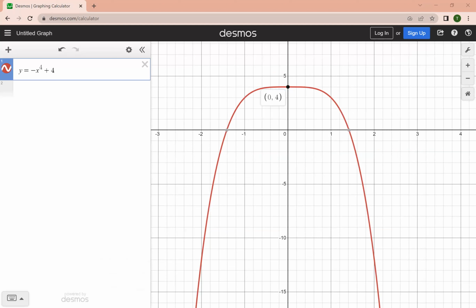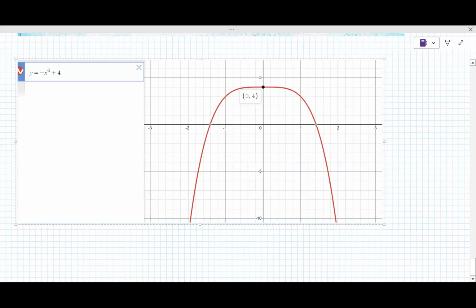I probably will have you graph some at some point, just to get your comfort level with it. Okay, share screen. I've got it in the notes that I'll be sending you after each lesson.